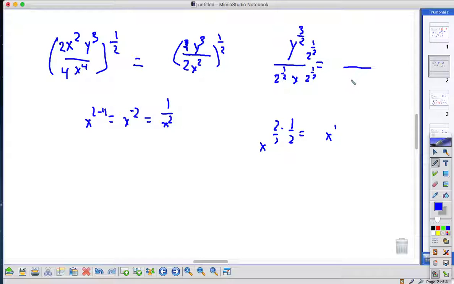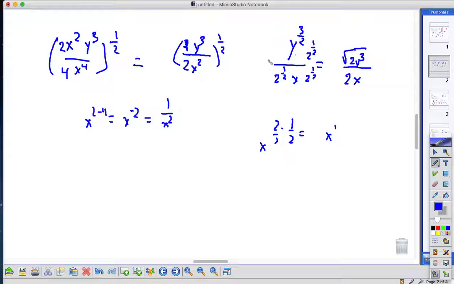So in the bottom, I now have 2 times the x, because 1/2 plus 1/2 is 1. And in the top, I have 2 to the 1/2 power, which is the square root of 2, and then y to the 3/2 power. This is already 2, but we'll put the y to the 3rd inside here. And that's our best answer.